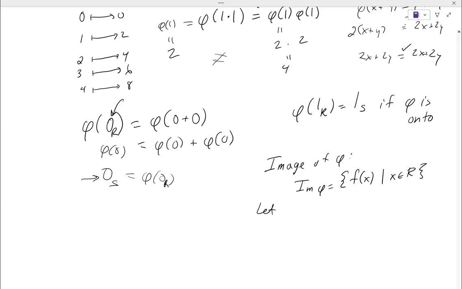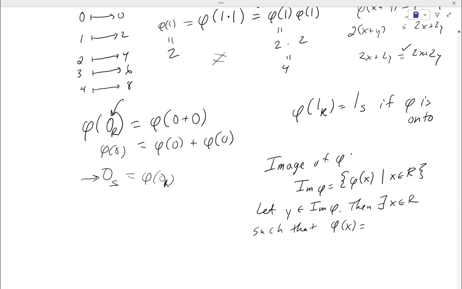if we let y be in the image, to be in the image, that means there exists something in the domain such that when I apply the function to it, I'm using, why am I using f? Sorry.